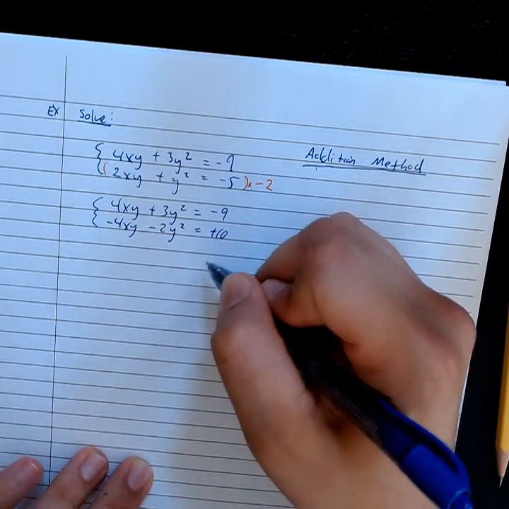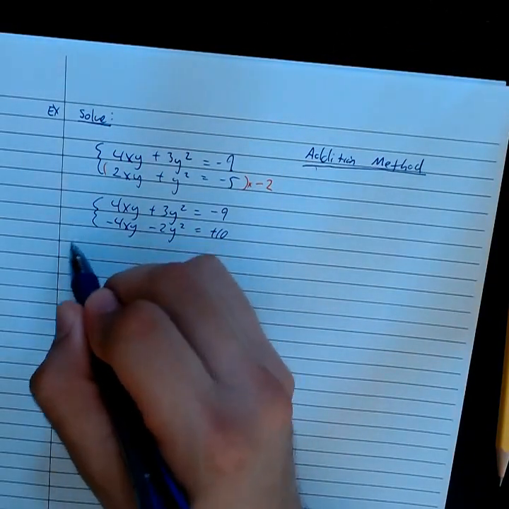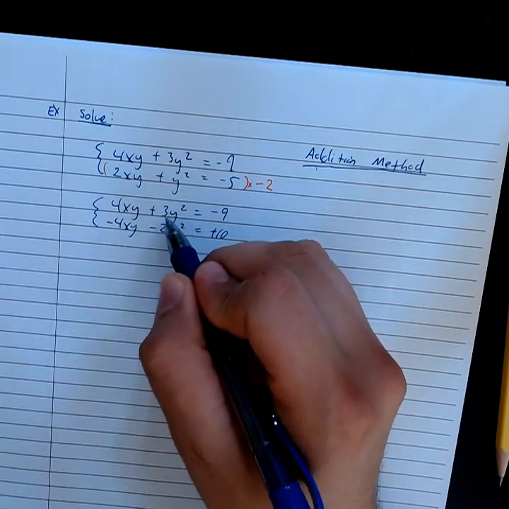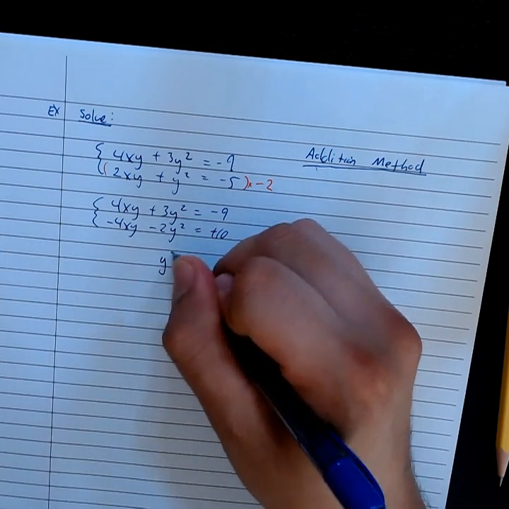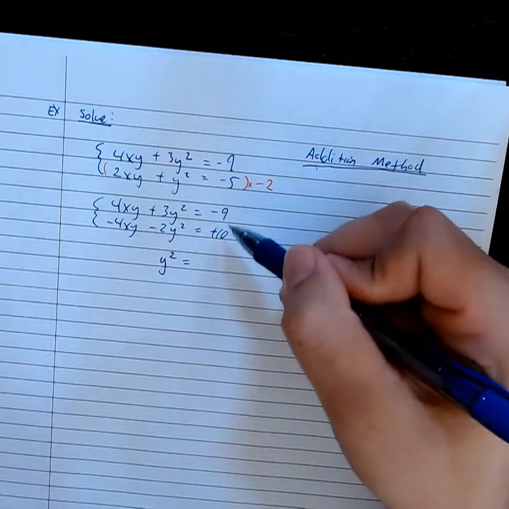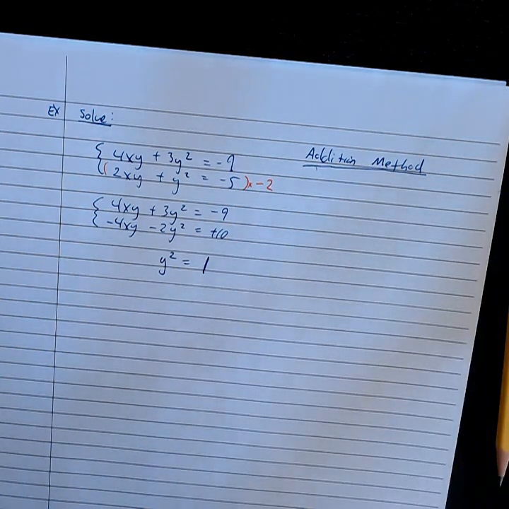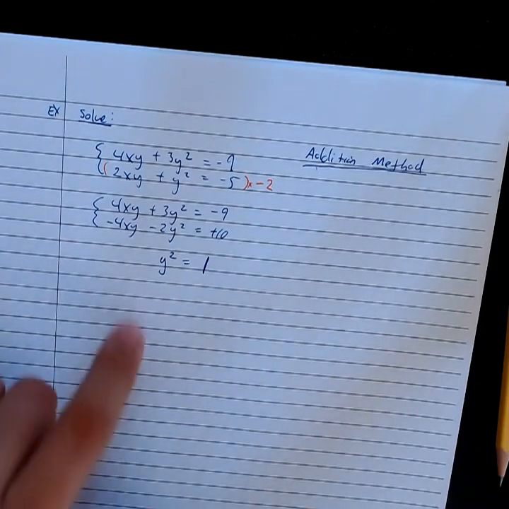Double negative makes that a positive. And so now if I add these two lines together, that's going to go away. 3y squared plus a -2y squared is just 1y squared. And adding these together, 10 plus a -9, well, that's just going to give me 1. So there we go. We've gotten down to a single variable.